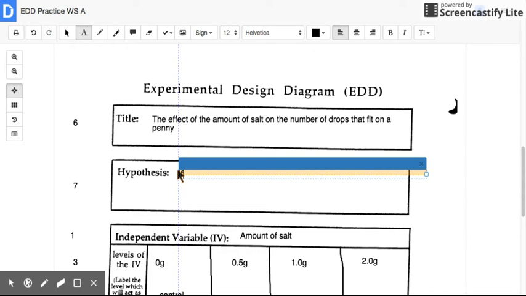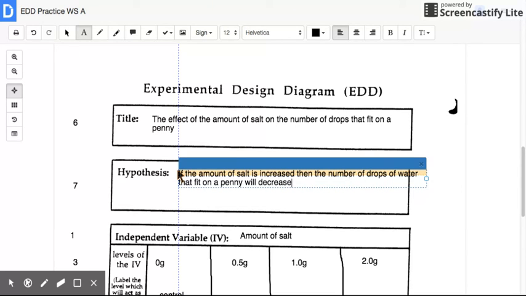So if the amount of salt is, let's say, increased, then the number of drops of water that fit on a penny will, I'm going to say, decrease.